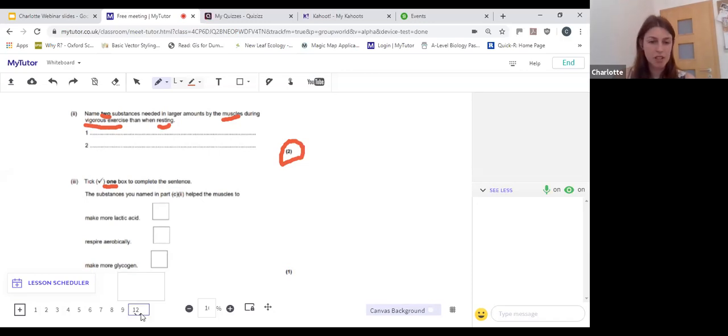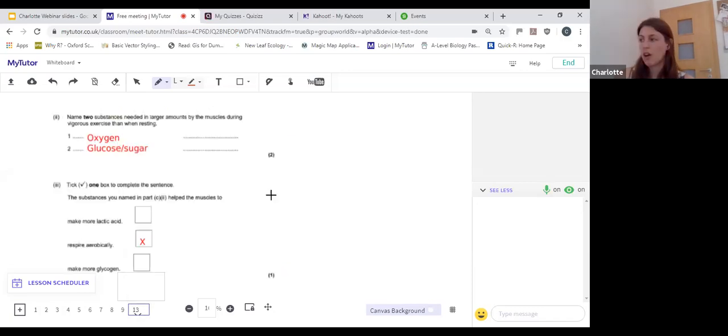Yep, respire aerobically. So oxygen and glucose were the 2 substances. Well done everyone that got those. And then respire aerobically was correct for the second one there. So again, these are all very, very quick questions. They're worth 1 or 2 marks. They're just testing your knowledge. These are the marks that are well worth getting in the bag.